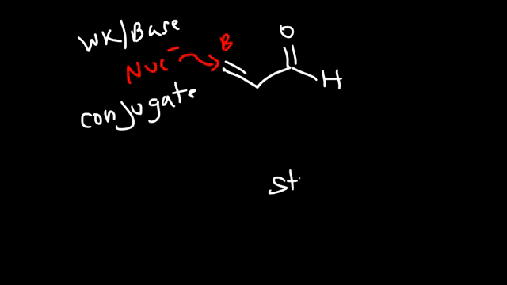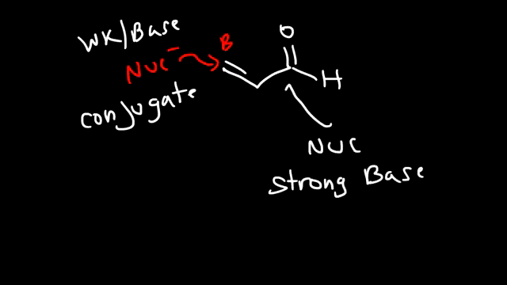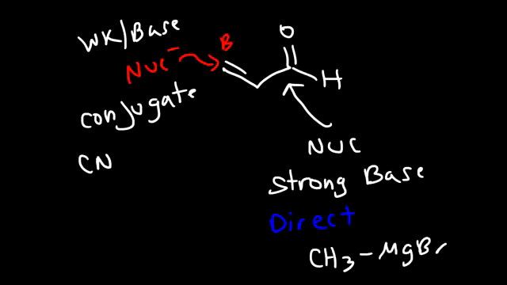Now, if you have a strong base, when it behaves as a nucleophile, it prefers to attack at the carbonyl carbon, favoring direct addition. And so strong bases that do this would be like the Grignard reagent. Weak bases that favor conjugate addition will be like cyanide.